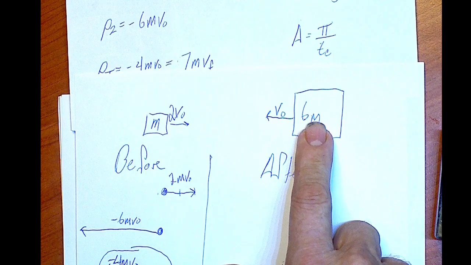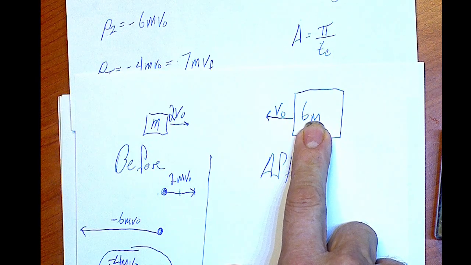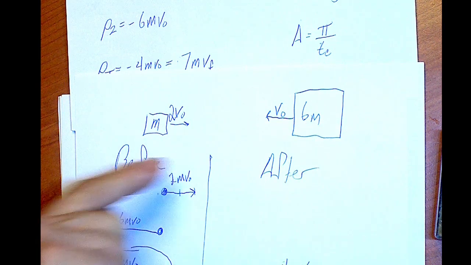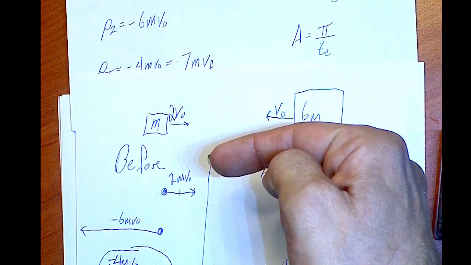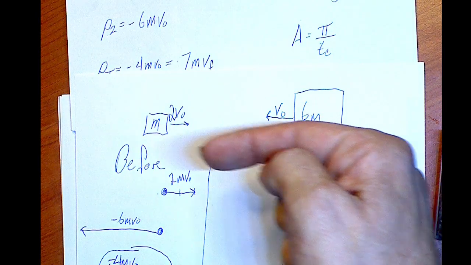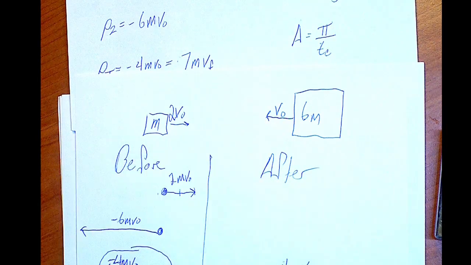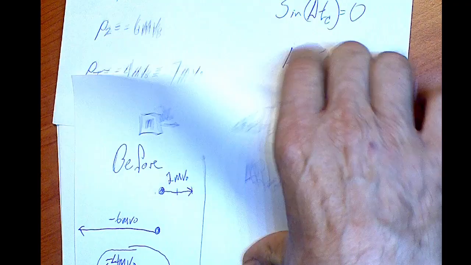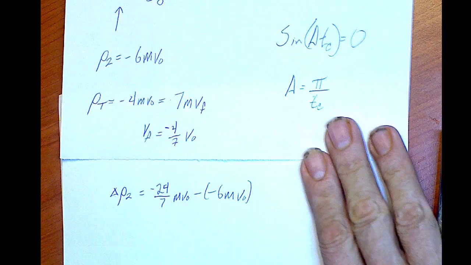So the change in momentum should be in the positive direction because it starts with a momentum in the negative direction and ends with less momentum in the negative direction. So when we end up with this, we should end up with a positive number.